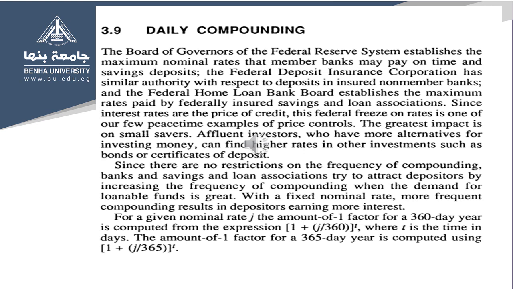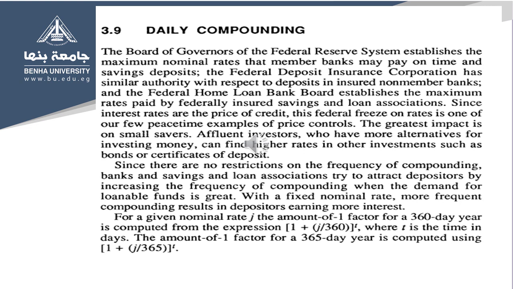This federal freeze on rates is one of our few peacetime examples of price controls. The greatest impact is on small savers. Affluent investors, who have more alternatives for investing money, can find higher rates in other investments such as bonds or certificates of deposit, as we explained in chapter 2.